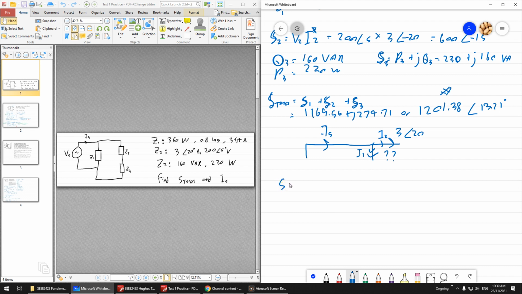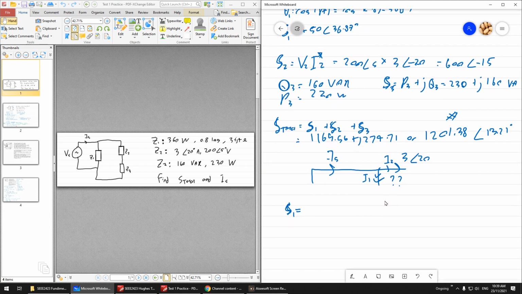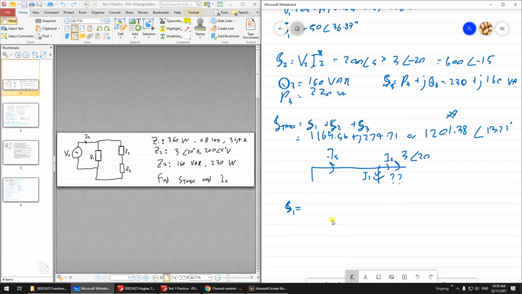S, you already calculate the S complex. S1 is equals to, check back, 450 angle 36.87, but you have the resistance.